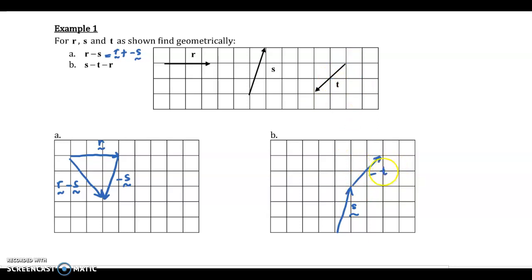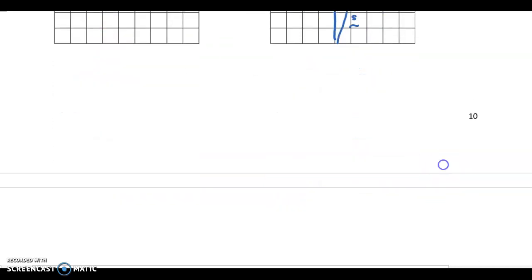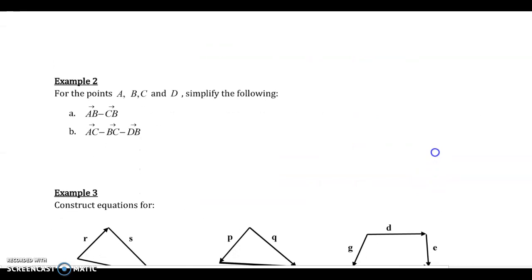That's my negative T, followed by a negative R. So it will be across 3 boxes in the opposite direction. That means my resultant of S minus T minus R is here. S minus T minus R. Simple. You see on your next page, there's another example of a different kind.